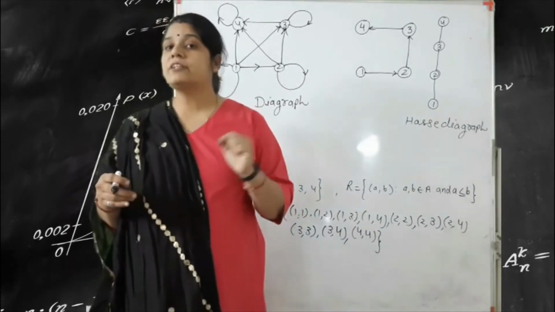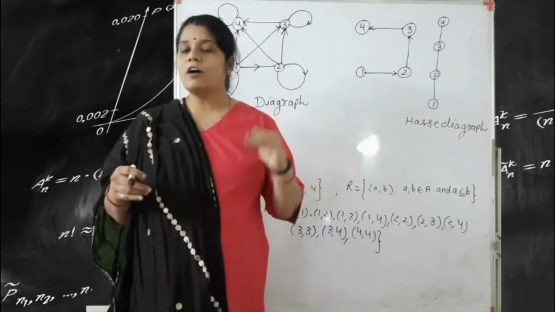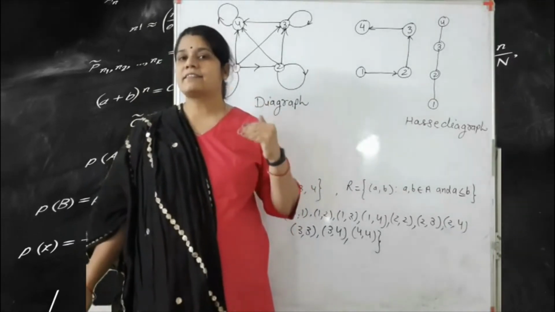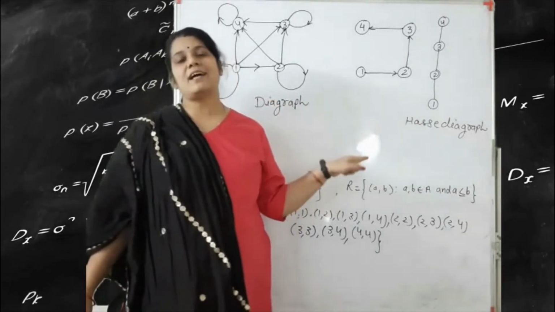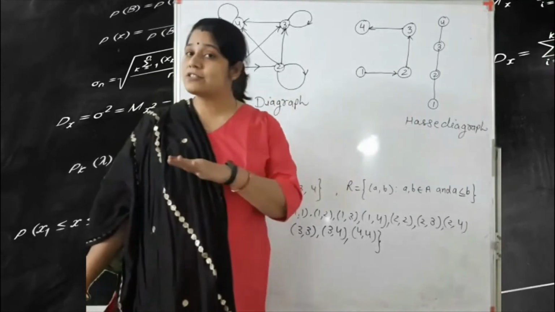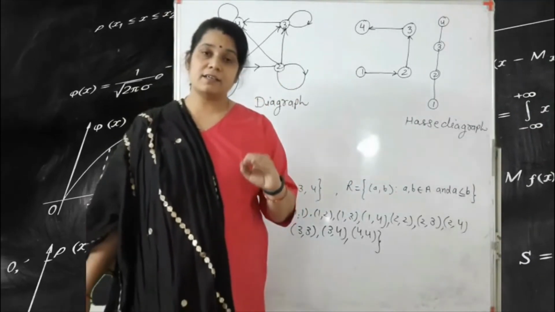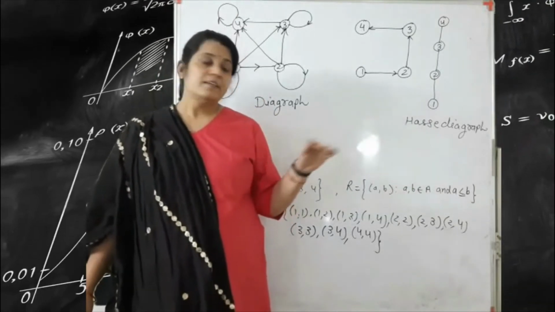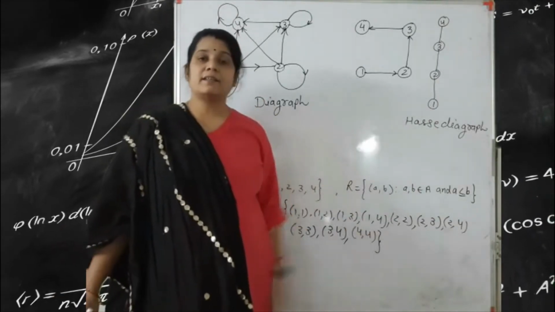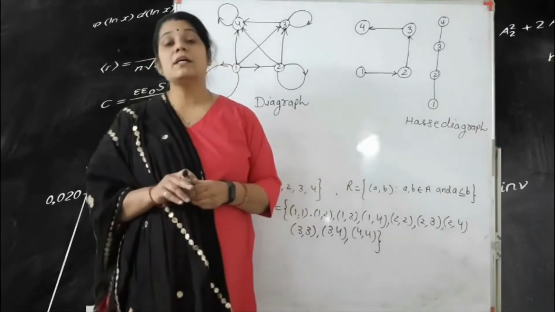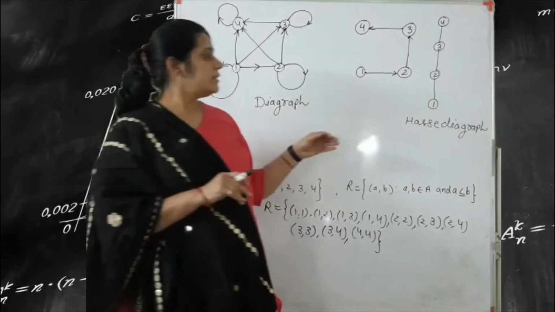That means if your relation satisfies all three conditions, reflexive, antisymmetric and transitive, then we use the Hasse diagram. If your relation is not a partial order set or poset, then you can't use the Hasse diagram.